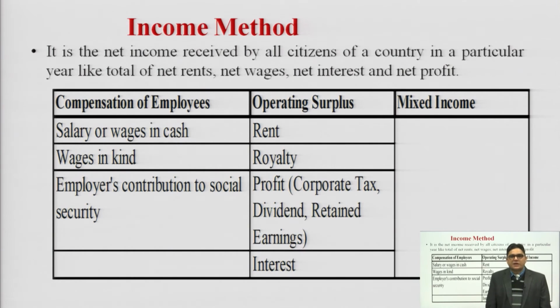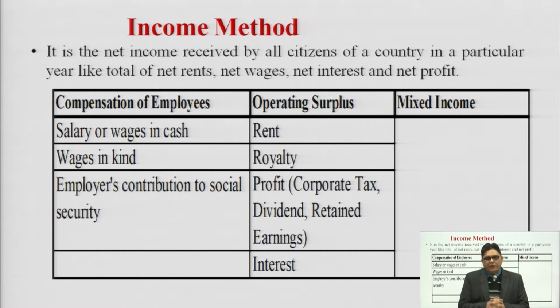Next, it is the income method. The income method is another way by which we can calculate the national income. In the income method, we calculate all income earned by the citizens of a country. If the income earned by all citizens of a country can be added together, the national income can be calculated.